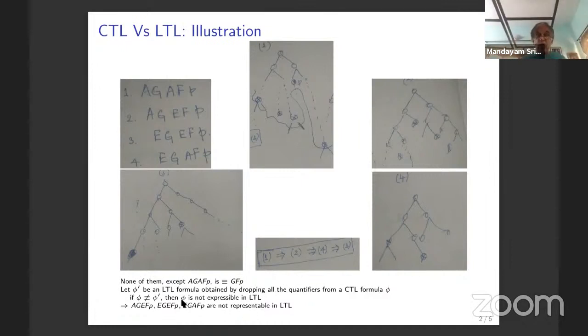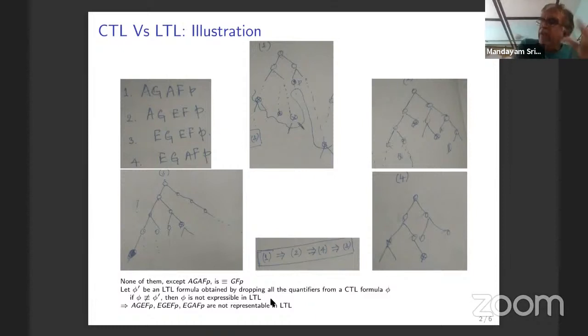If after dropping the quantifiers those two are not equivalent, then you might as well give up finding an LTL equivalent, because this result says that such an LTL formula is not even expressible in LTL.